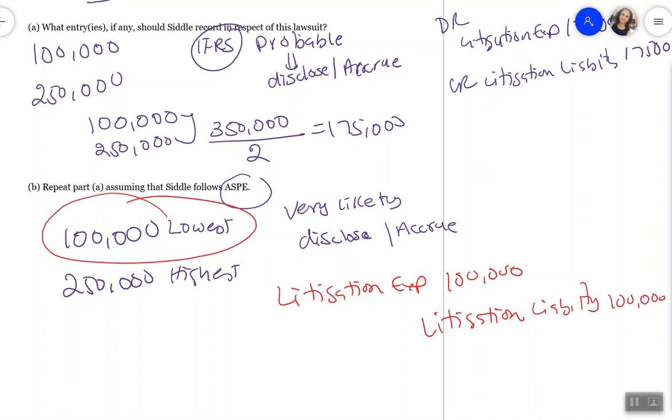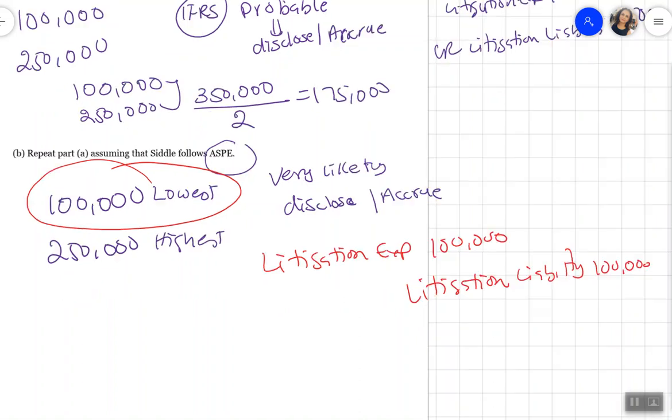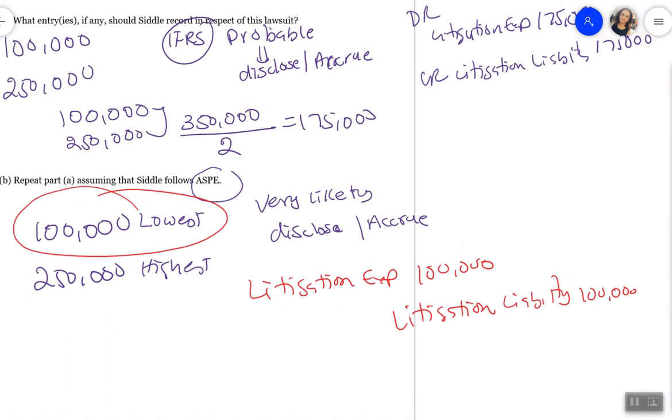So now when you're disclosing it, what we want to do is cover our financial statements. The management doesn't want to get a lawsuit from the people that are looking at our financial statements and making their investment decisions by looking at them.